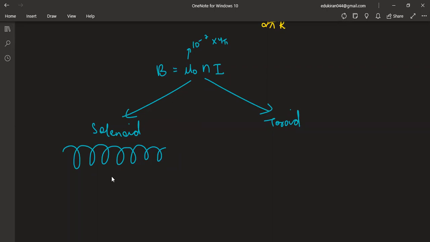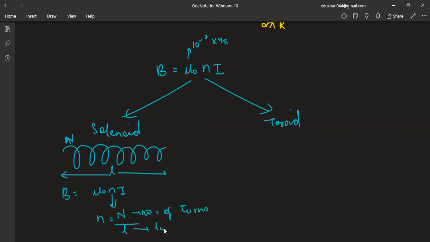Now the difference is that for a solenoid, let's say L is the length of the solenoid and N is the number of turns. So small n becomes the number of turns per unit length.